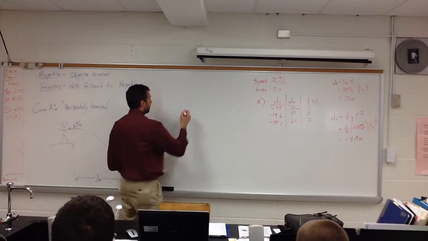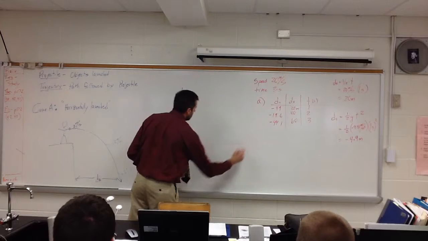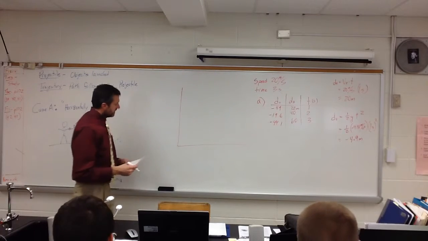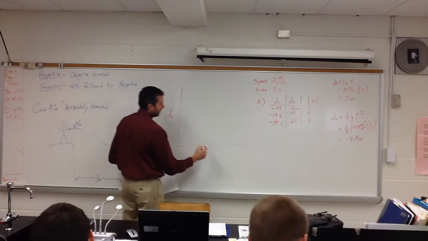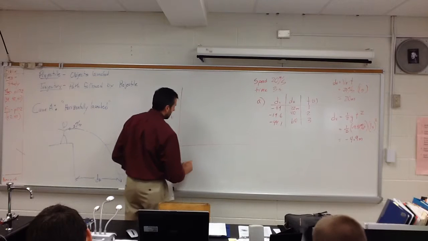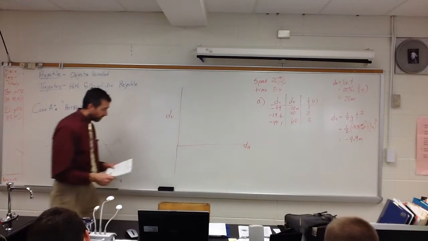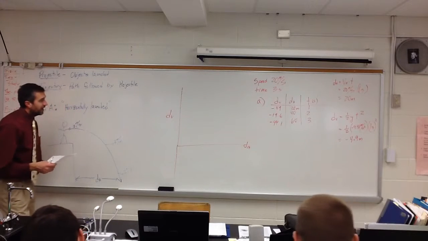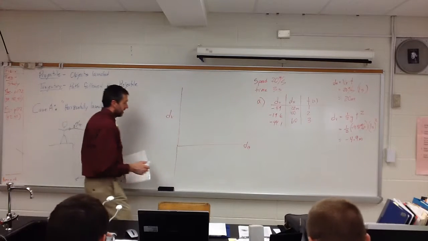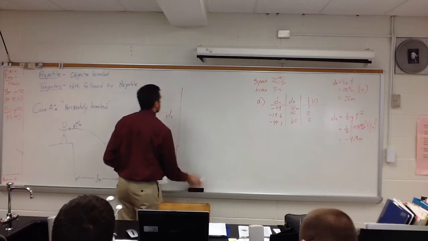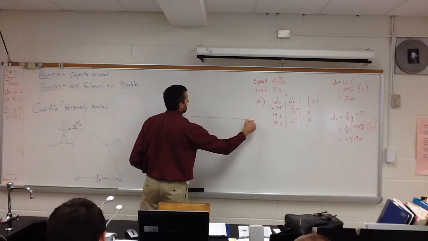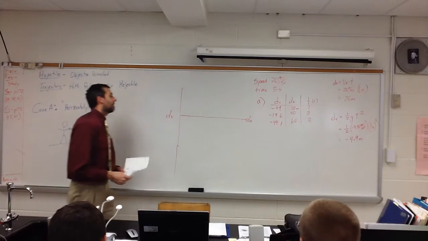I'm going to do one more thing before we close up here. If I want to plot this, then I want to plot the distance vertical, and I want to plot on the other axis the distance horizontal. How might I do that? Well, actually I'm going to move my axis up a little bit. I need more space. So I'm going to move my distance horizontal up a little bit.